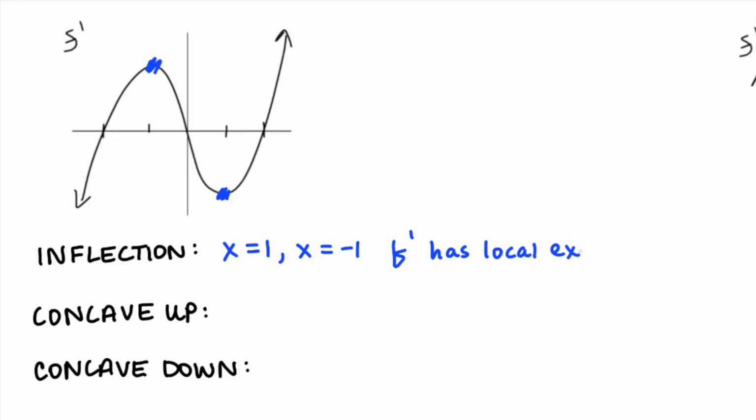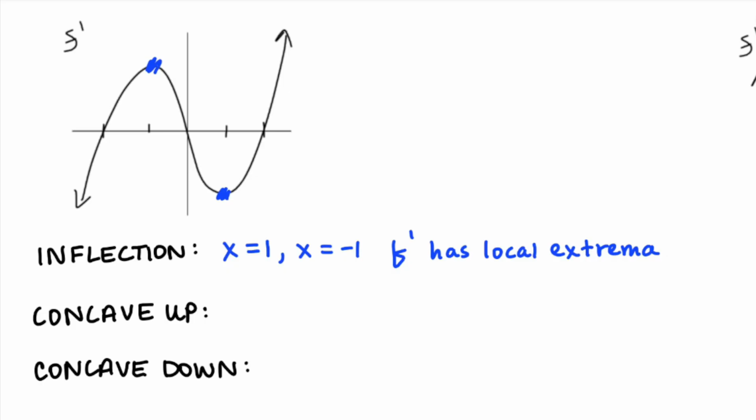A reason always has to be centered around the information that we're given. So if we're given the graph of f prime, we have to give our reason in terms of f prime. We could say f prime changes from increasing to decreasing or vice versa. We could say the sign of the slope of f prime changes. That's kind of a lot to write though, and saying f prime has local extrema has a nice little ring to it.